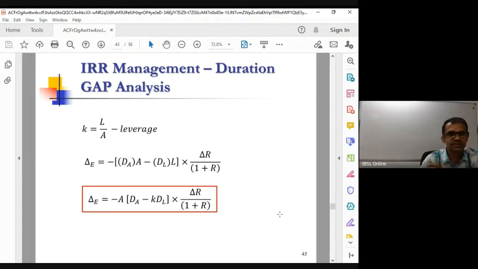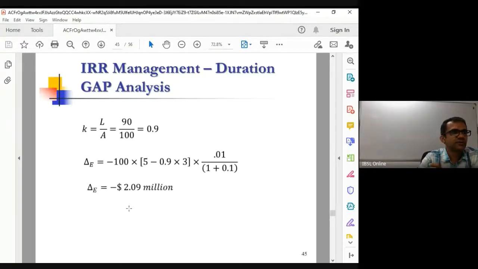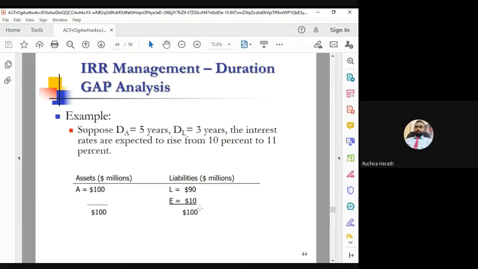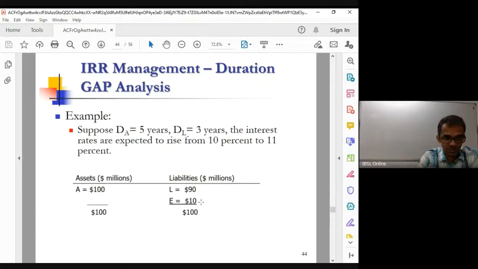Yes, you are correct, because 2.09 million out of 10 million means 5%. Say 2 million out of 10 million is 1/5. Is it 5? It's 20%. No, equity is 10. Yes, equity value is 10 million. Value of equity is 10 million.